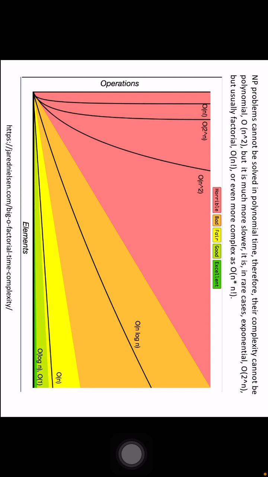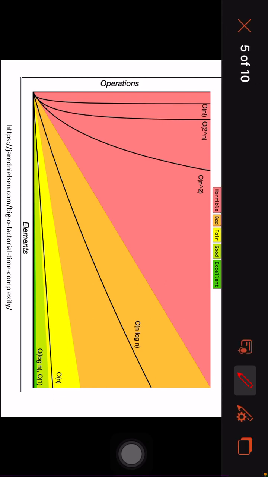In very rare cases, it can be exponential. Polynomial is here, and exponential is here. Exponential, as a function, goes faster.